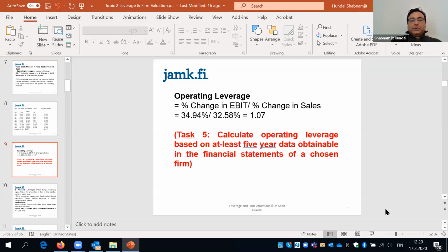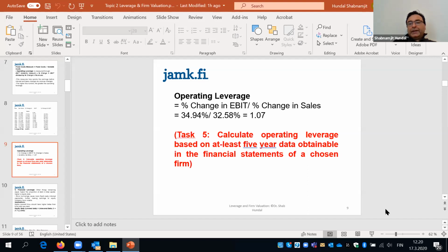So based on the operating leverage, you are having a task. And the task is that you will be calculating the operating leverage based on at least 5 years data obtainable in the financial statements of a chosen firm. Like in your task 2, 3, and 4, you will be having more than one company in those tasks. You know that because you're making a portfolio.